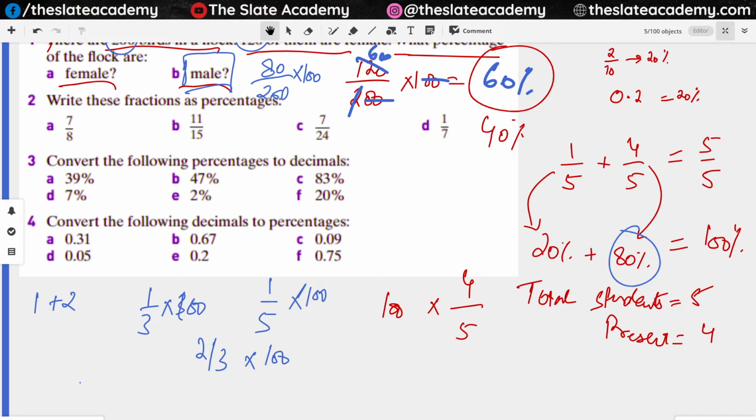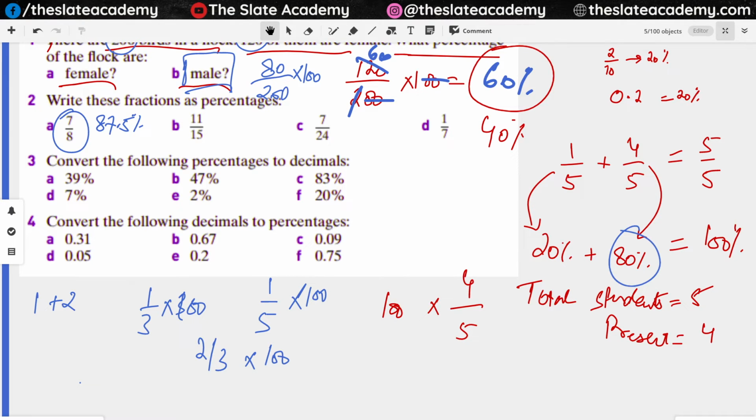Okay, so here we have a few numbers. 7 out of 8, what would be the percentage of 7 out of 8? Anyone? 87.5%. Excellent. What would be the percentage of 11 out of 15?